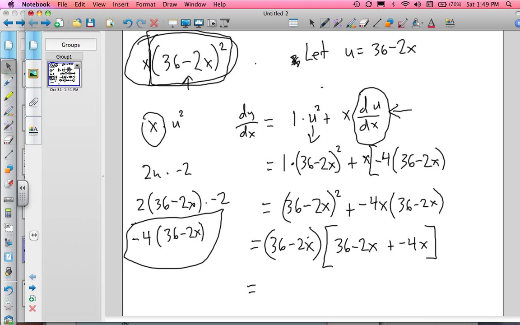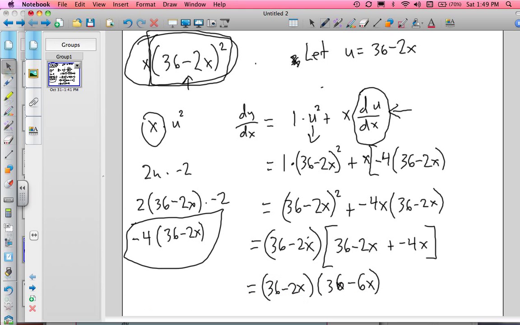And so this equals (36 minus 2x) times, well, let's see, we got negative 2x plus negative 4x, negative 6x. So 36, I don't know what's wrong with me, 36 minus 6x.